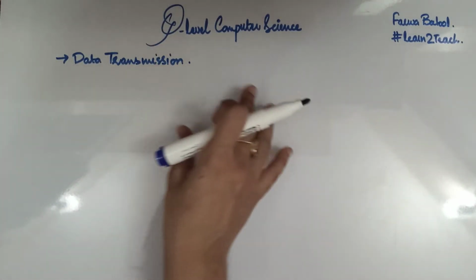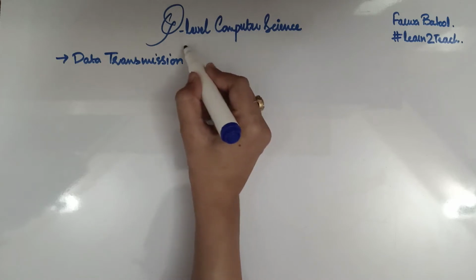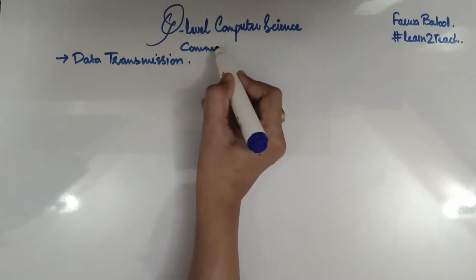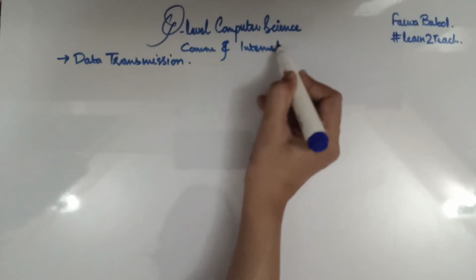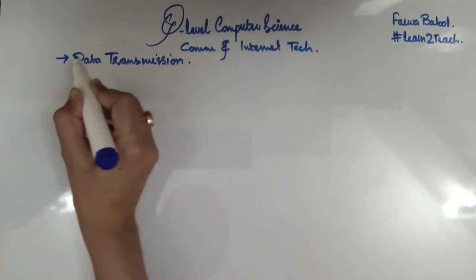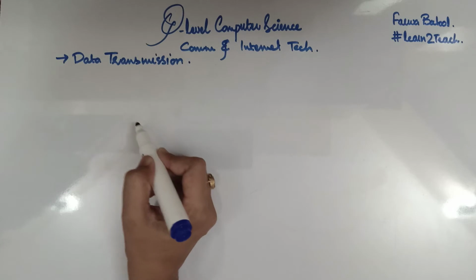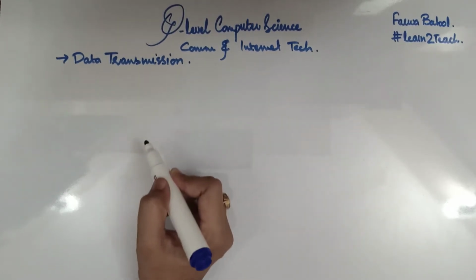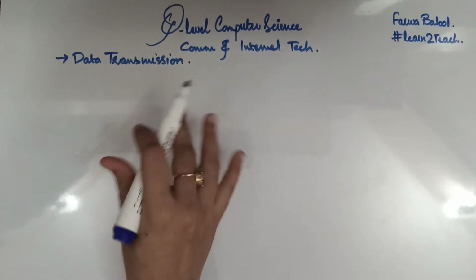Let me tell you that now we have started communication and internet technologies. In this heading comes the topic of data transmission, and inside data transmission we are going to study different kinds of things. Let me share what we are going to cover.